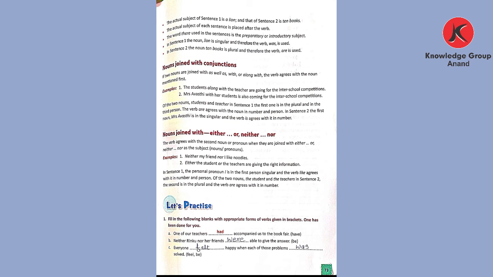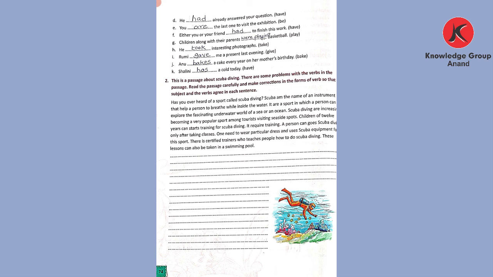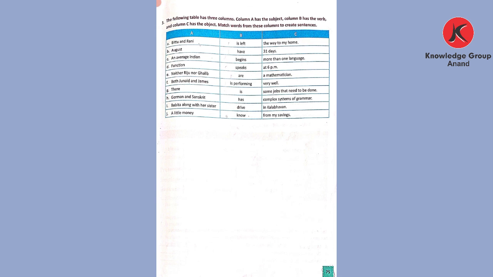Then this exercise in your notebook. Then this paragraph you have to write in your textbook, and match the following you have to write in your notebook with good and beautiful handwriting.